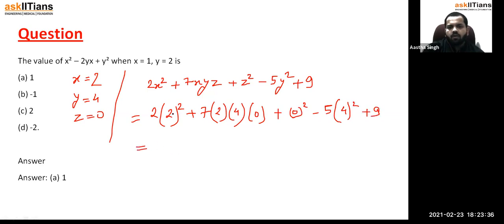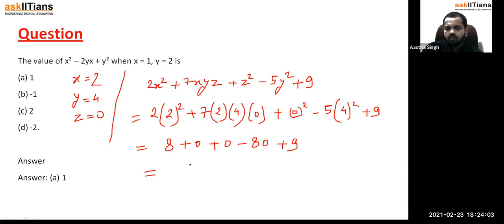So just calculate. 2 square will be 4, 4 into 2 will be 8. Then 7 into 2 into 4 into 0 will definitely become 0. Then 0 square is 0, minus 4 square is 16, 16 into 5 is 80, plus 9.